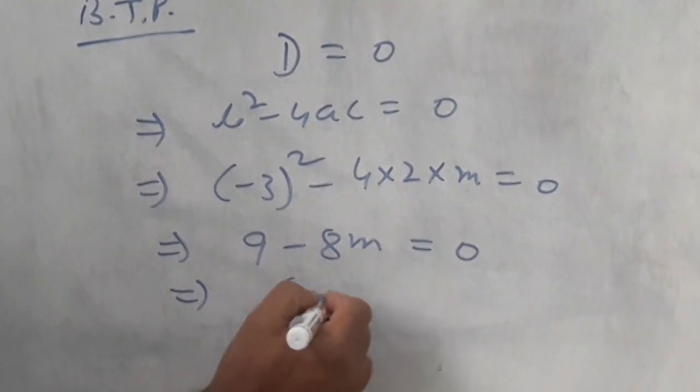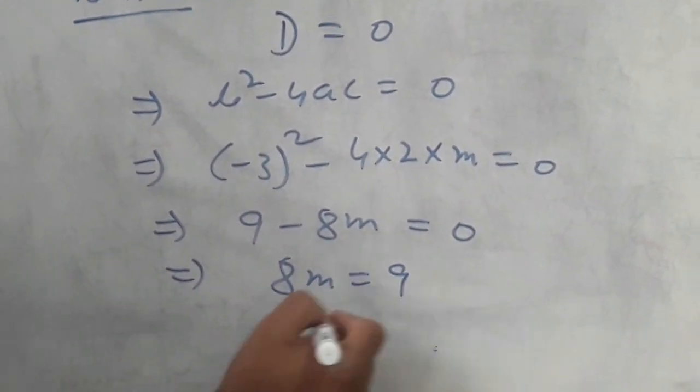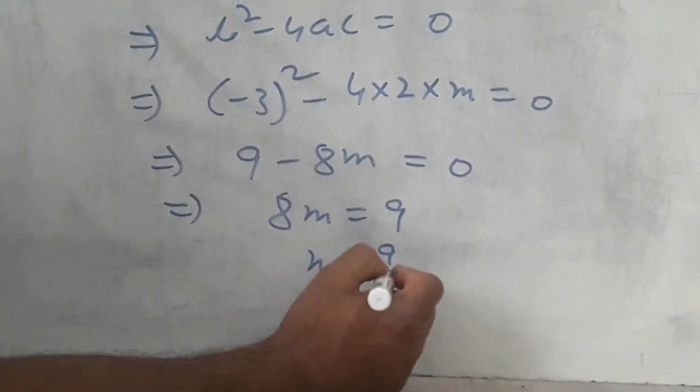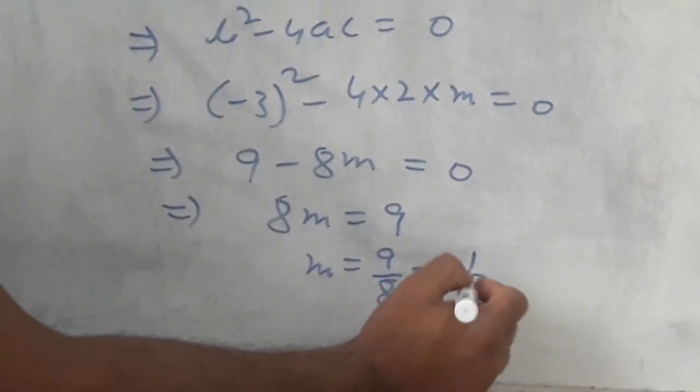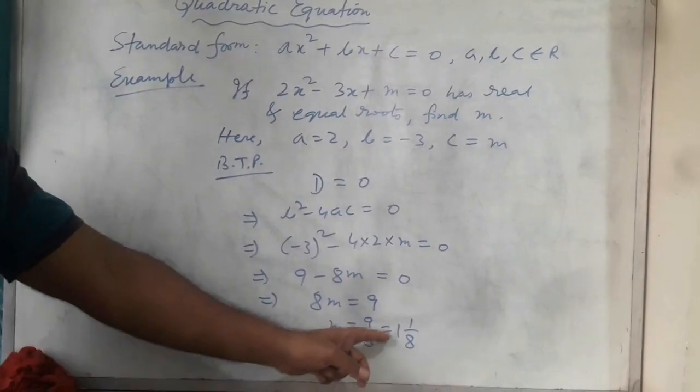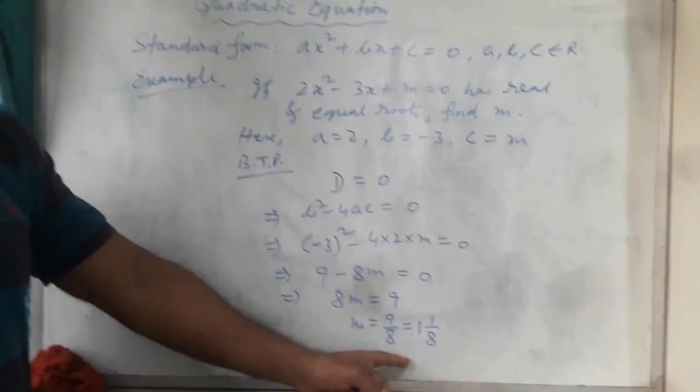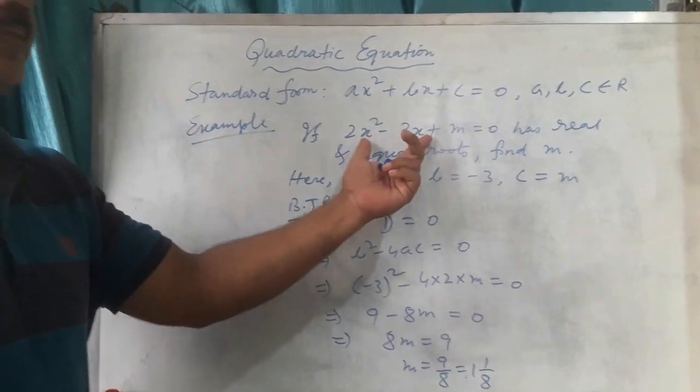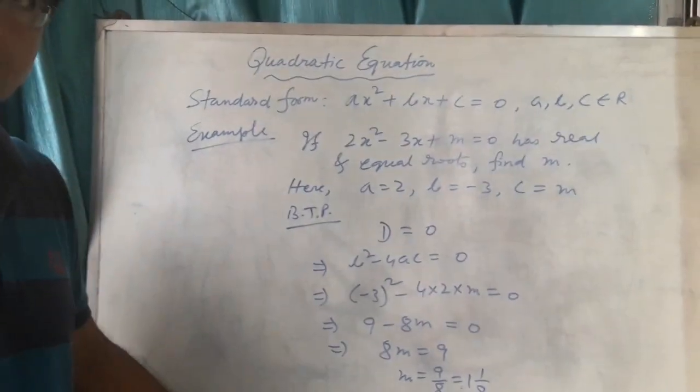Finally 8m equals to 9, or m is coming 9 by 8, that is 1 and 1 by 8. So the value of m is 9 by 8, for which the equation will have real and equal roots.